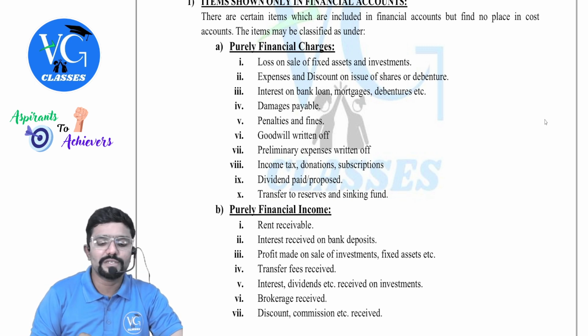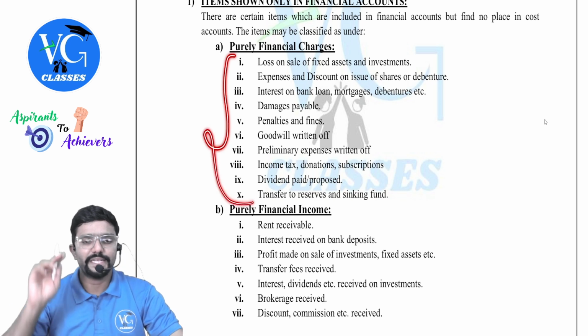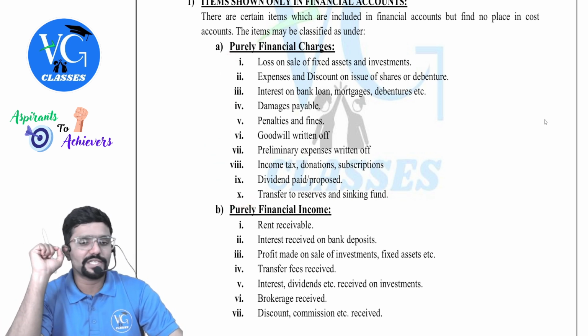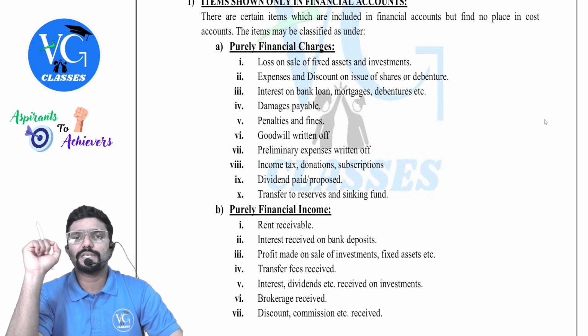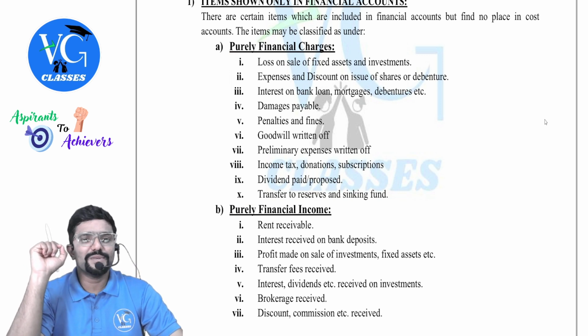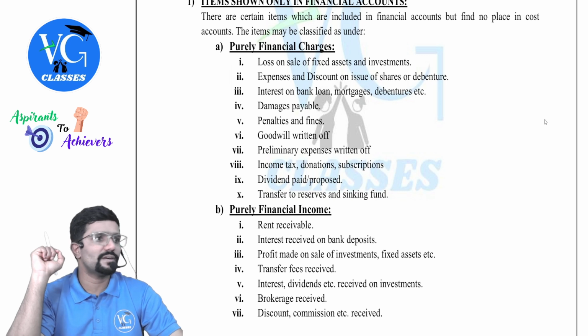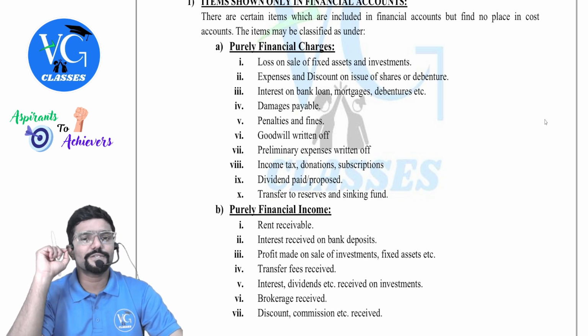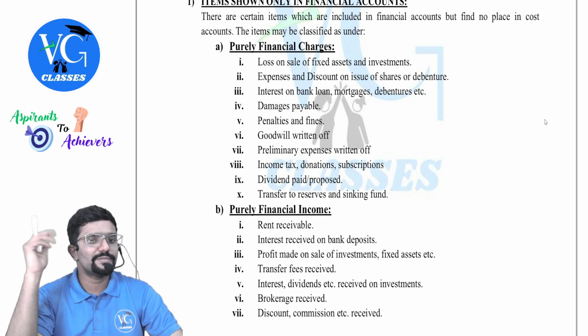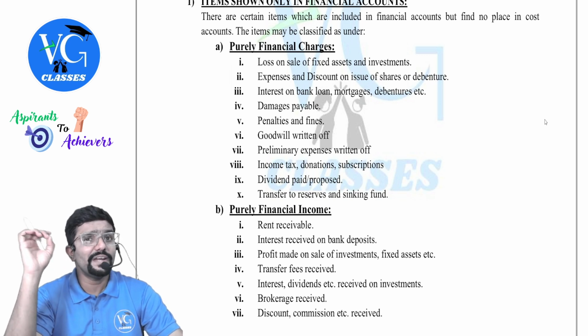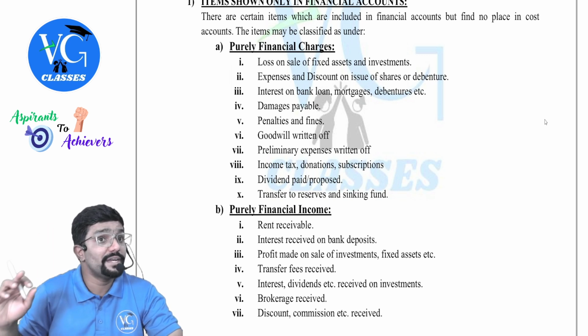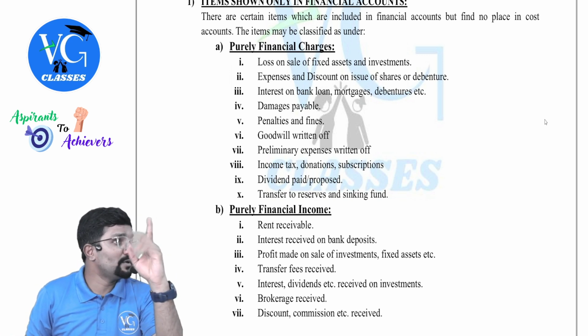Clear, guys? Okay, first let me read the list. Pure financial charges: loss on sale of fixed assets and investments, expenses and discount on issue of shares or debentures, interest on bank loan, mortgages, debentures, etc., damages payable, penalties and fines. See, if it is a penalty or fine relating to material, I would have recorded it in the costing P&L account directly as abnormal items.